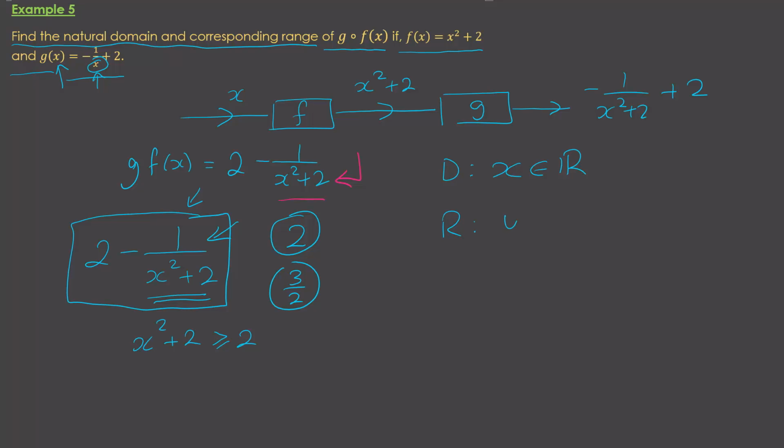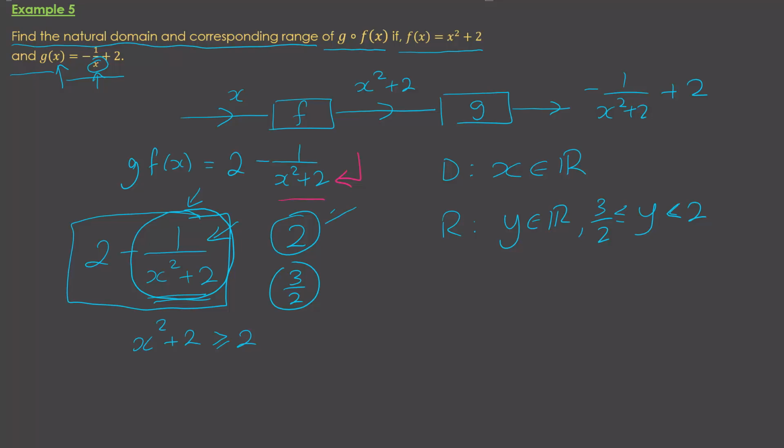Therefore, the range is real values that are between 3 over 2 and 2. Not only that, but I can't actually have the inclusion at that end of the inequality, because as x gets larger and larger, 1 over x squared plus 2 will tend to 0, but it will never actually be 0.